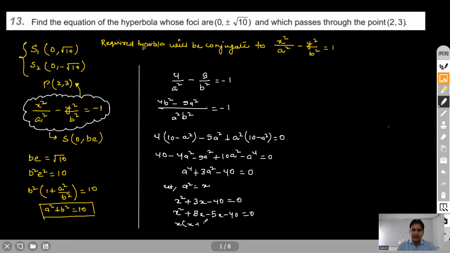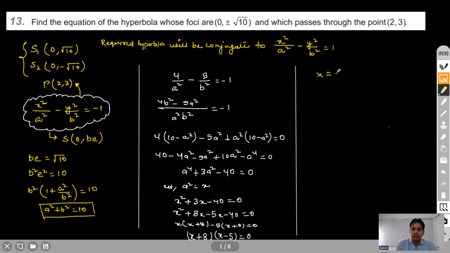So x into x plus 5 and minus 8 into x plus 5 equal to 0. So we get x plus 5 into x minus 8 equal to 0. Okay. If that is the case, our x must be equal to minus 5 or x must be equal to 8.